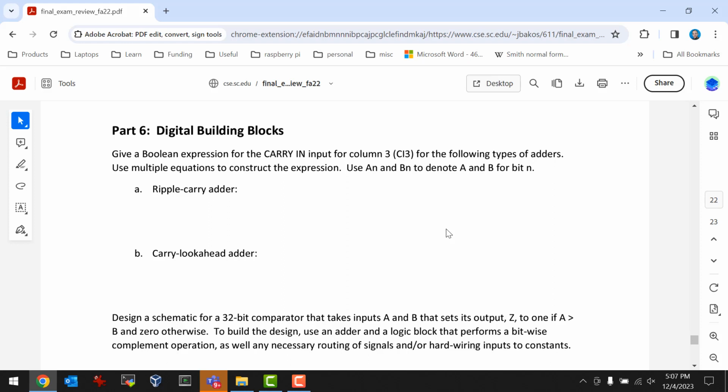Carry look ahead adder, on the other hand, would be, what is it? Carry in 3 is going to be the generate from 2, or the propagate on 2 and the generate on 1, right? Make sense?